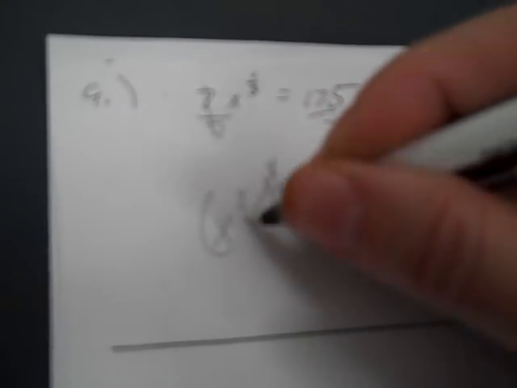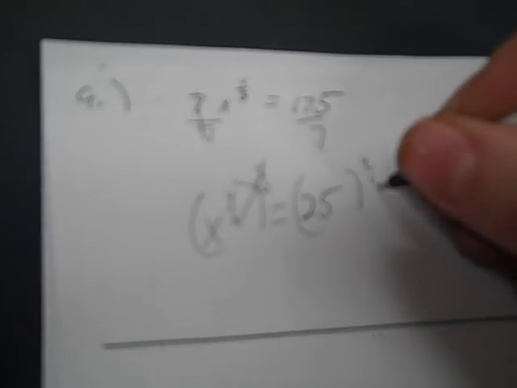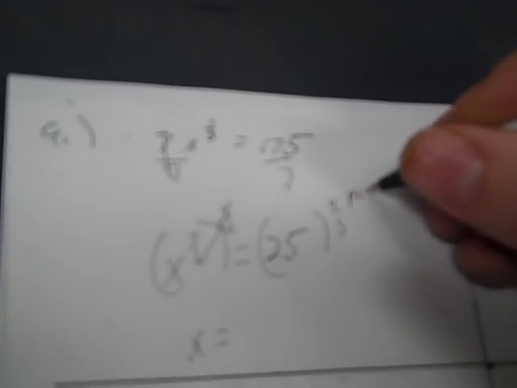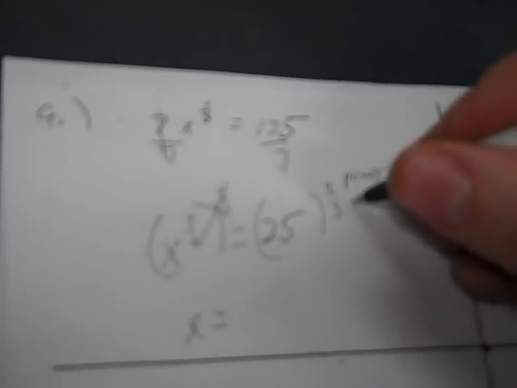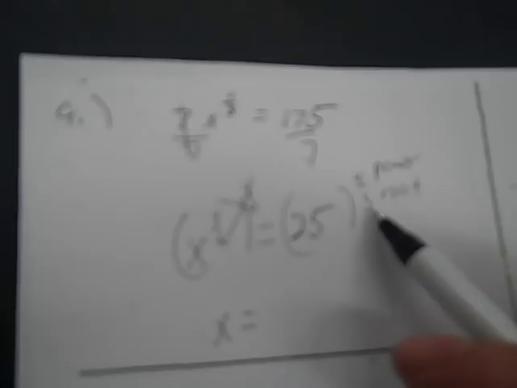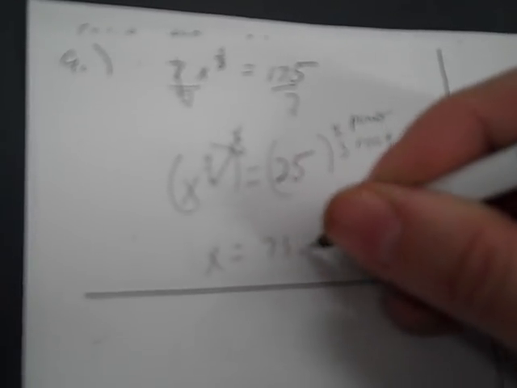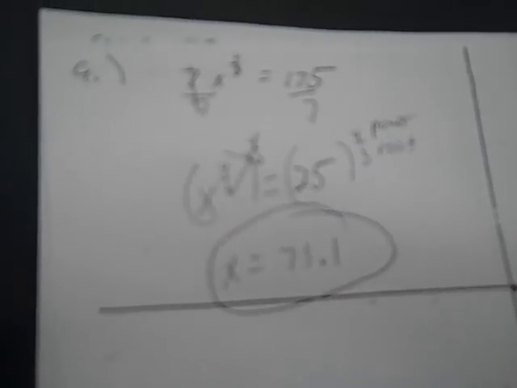So 4 over 3, that cancels, and 4 over 3. Now when I do reciprocals, I need to know that the 4 is a power and the 3 is a root, okay? So the root number is odd, so I don't need the plus minus. I just take 25 to the power of 4 over 3, and I get 73.1, okay? Kind of an odd-looking answer, but that's right.